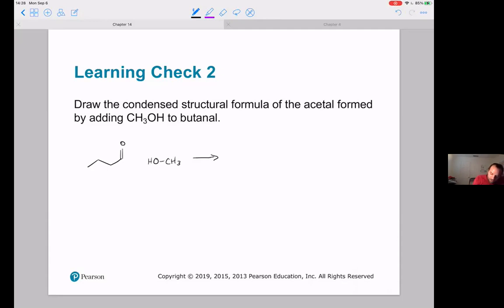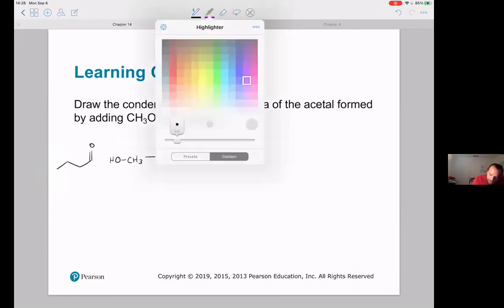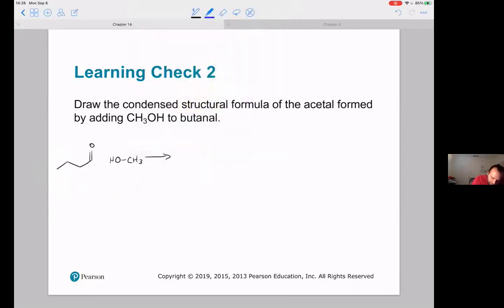Here's methanol. After first set of reactions, let me actually leave myself some room. Again, it's all about kind of identifying that carbonyl carbon. This is the one that's going to have those oxygens attached to it. And specifically, what's going to be joining on in this first step is this alkoxy group.